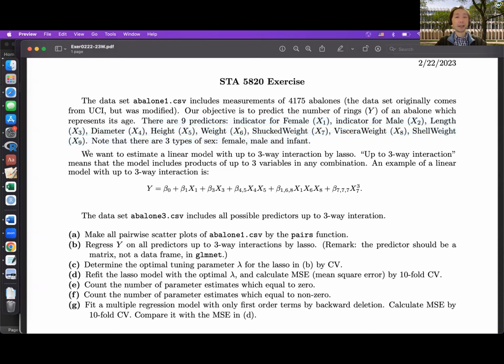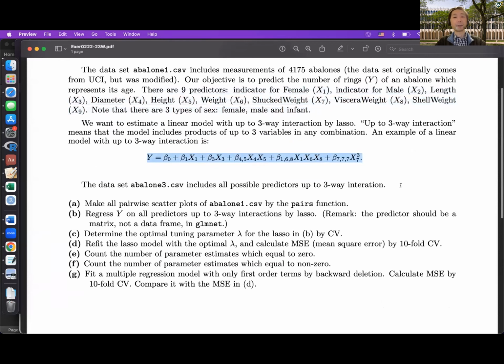Statistically speaking, we consider the 3-way interactions of these predictors, and any linear combination of predictors to explain y. One example is here: y is equal to beta naught, beta 1 x1, the 2-way interaction term here, and a 3-way interaction term here, and also a cubic term or quadratic term, like x1 square times x2 and so on.